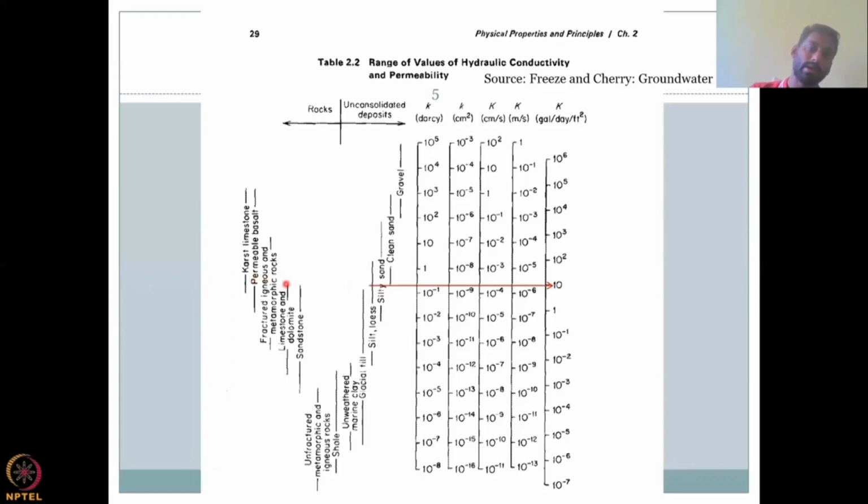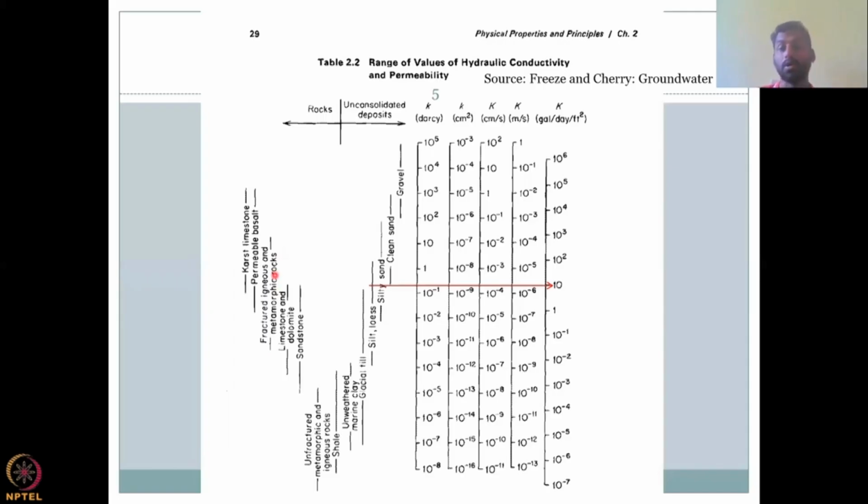It can also be part of a permeable basalt. The basalt is what is present in most of India, along with your fractured rocks, what you call hard rock aquifers. So the silty sand values also correspond to your permeable basalt and fractured igneous and metamorphic rocks.